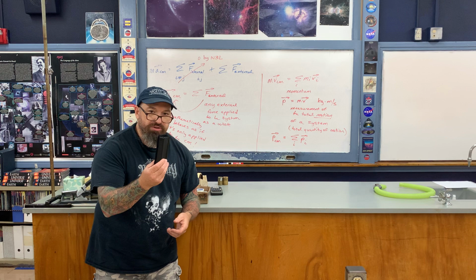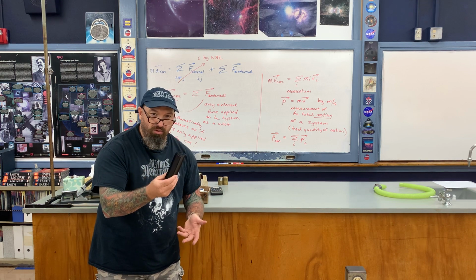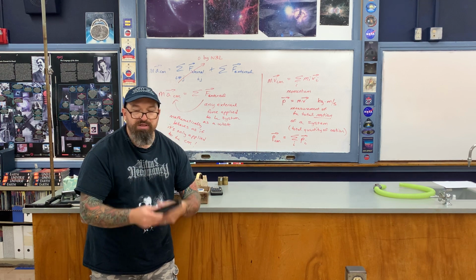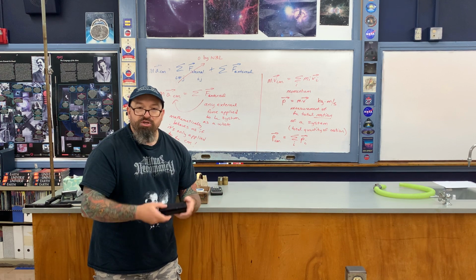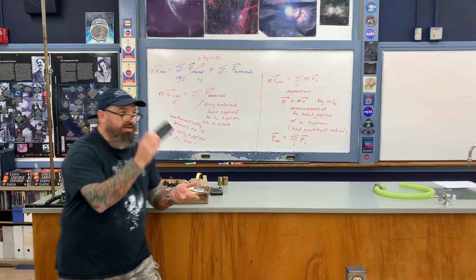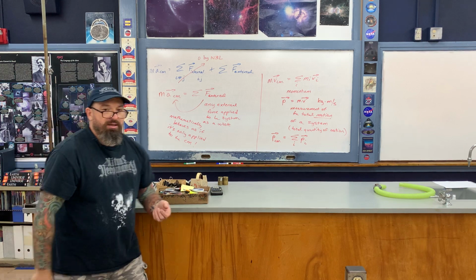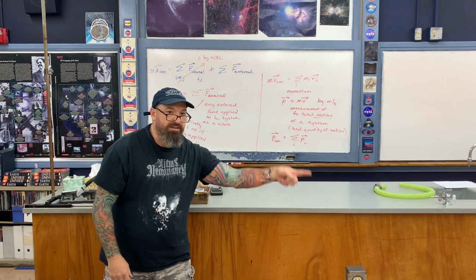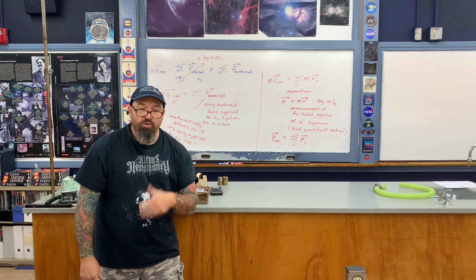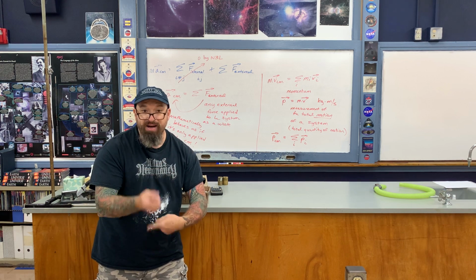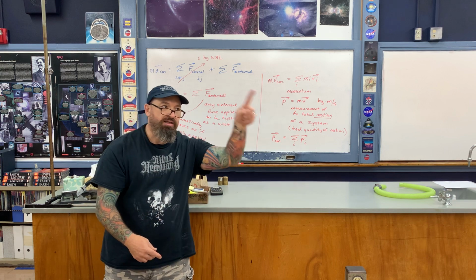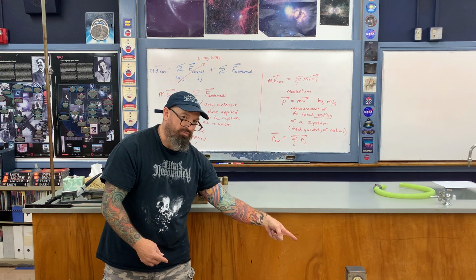Because the external force of gravity applied to the eraser as a whole mathematically behaves as if it's only applied to one location, and that's the center of mass. So if I take the object and I do something like this, the center of mass of the eraser traces out a perfect parabola. You also saw the eraser rotating. The rotation is about the center of mass because the center of mass itself traces out a perfect parabola.